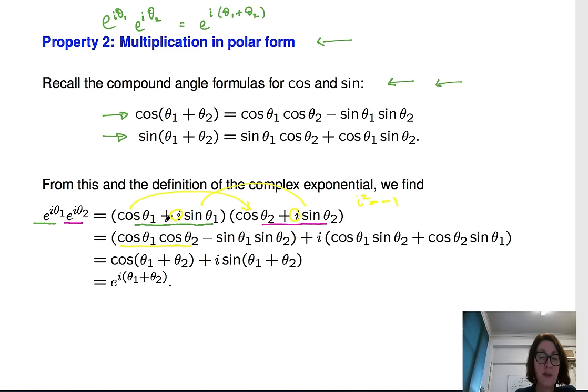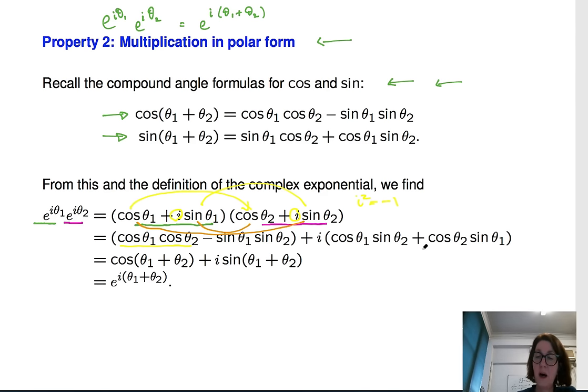Okay, so I've done that term and that term. Now I'm going to multiply cos theta 1 by I sine theta 2. So that gives me I times cos theta 1 sine theta 2. And what else do I still have left to do? I have to multiply that term by that term.